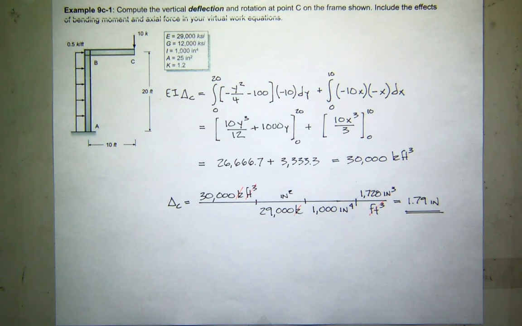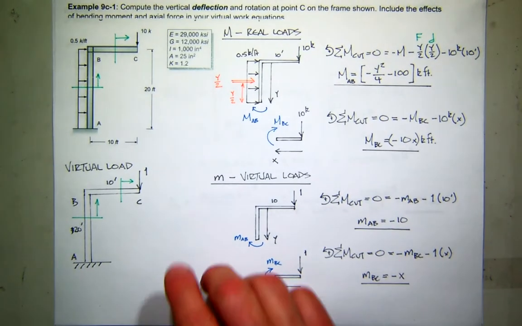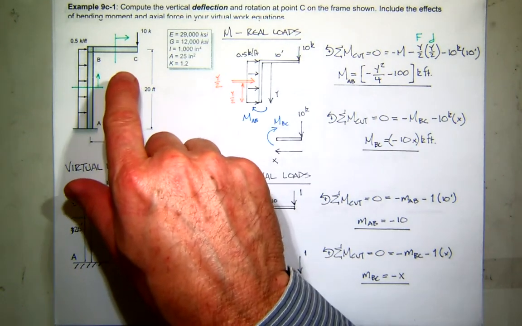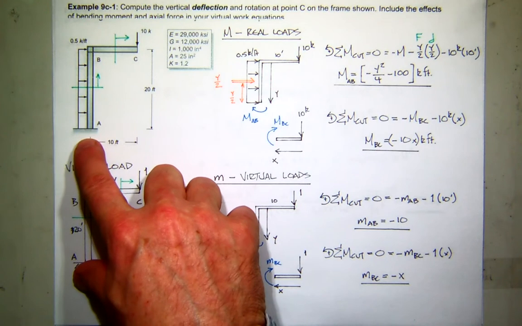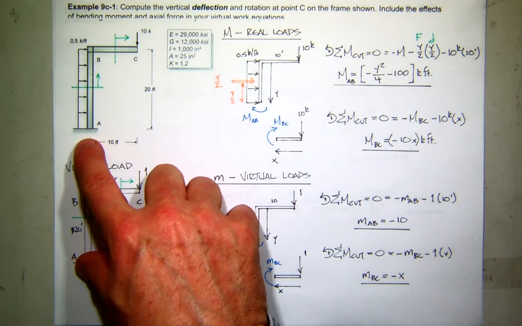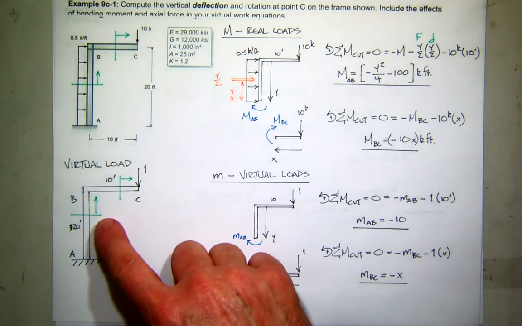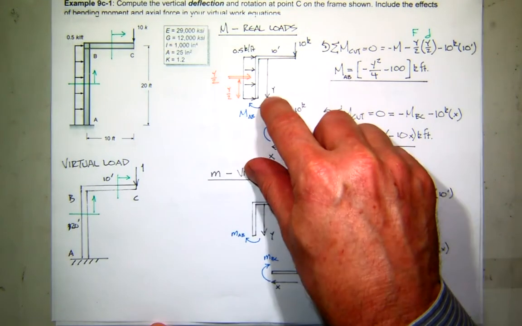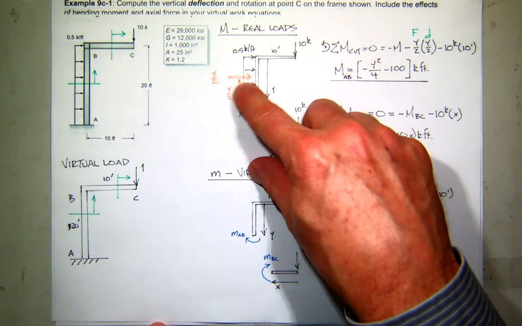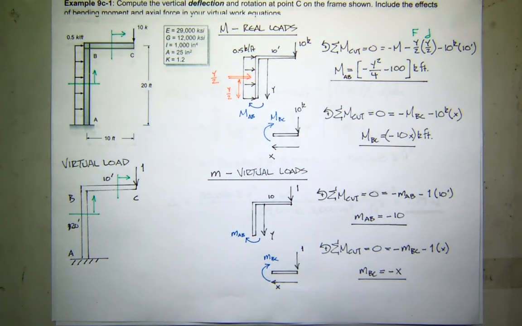Yes, Mrs. Bell. At the beginning, the vertical beam, you cut it and you did the top, you did everything that was above it. Why didn't you do the bottom? I didn't want to do the bottom because I didn't want to have to find the reactions. That's the only reason. And the other thing you can do is, once you make that decision to work the top, you can choose your coordinate system to make it pretty reasonable. Now, in previous times, I always say your coordinate starts here and goes there.